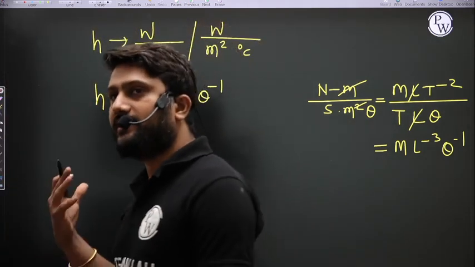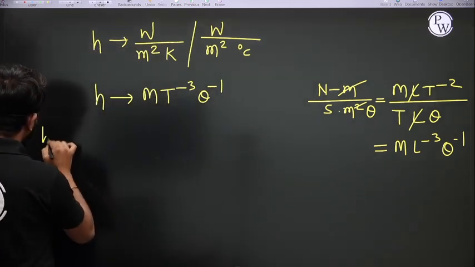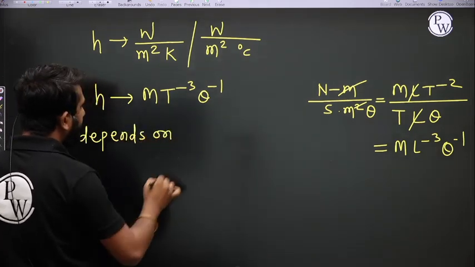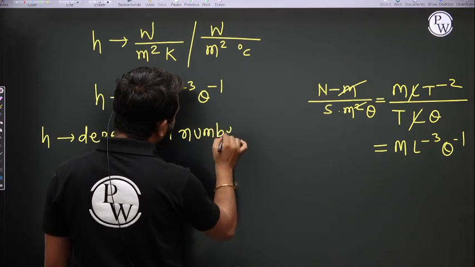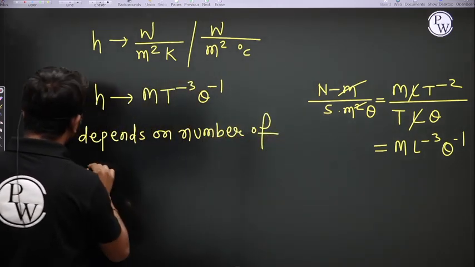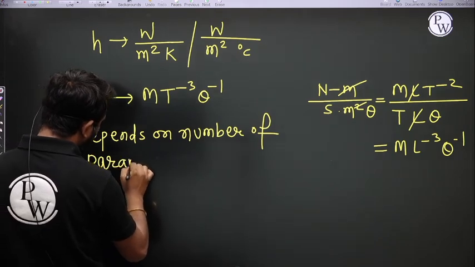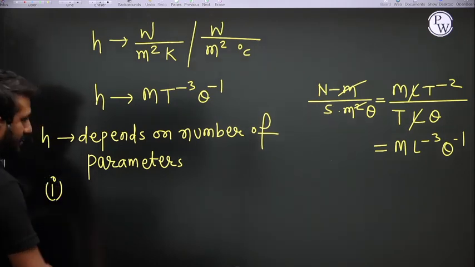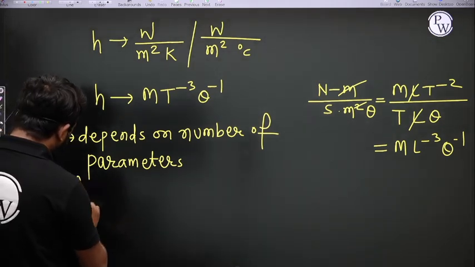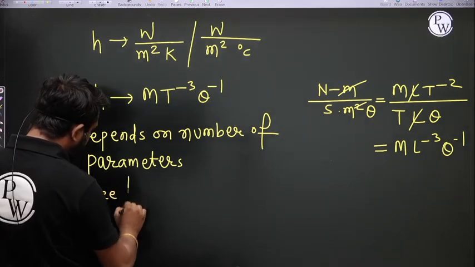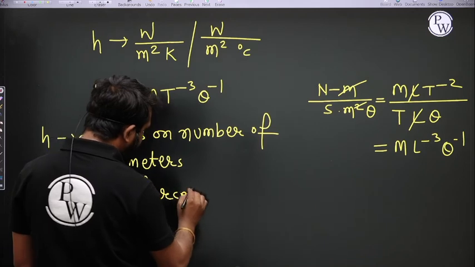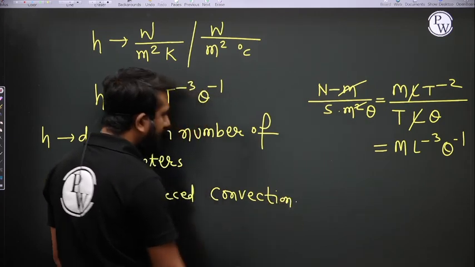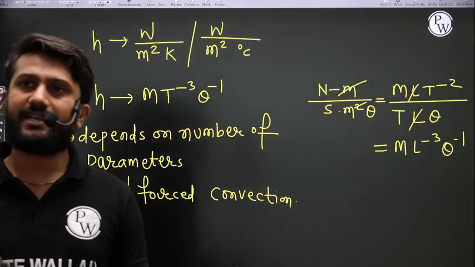First, free convection or forced convection, because for free convection the h value is different, and for forced convection the h value is different.